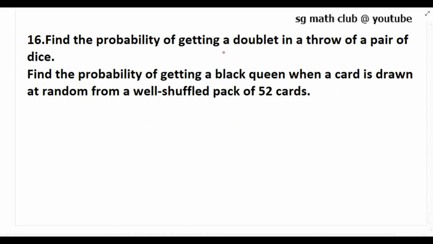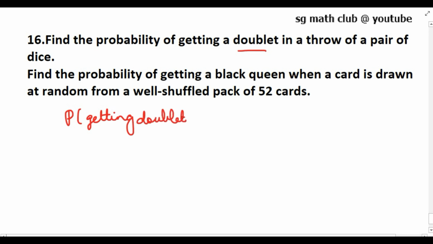Find the probability of getting a doublet in a throw of a pair of dice, or find the probability of getting a black queen when a card is drawn at random from a well shuffled pack of 52 cards. So when you throw a pair of dice, the total possible outcome is 36. And here the question is, what is the probability of getting doublet?